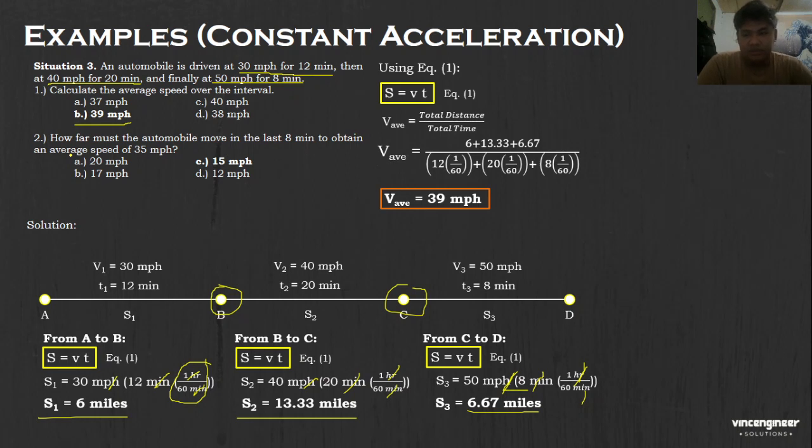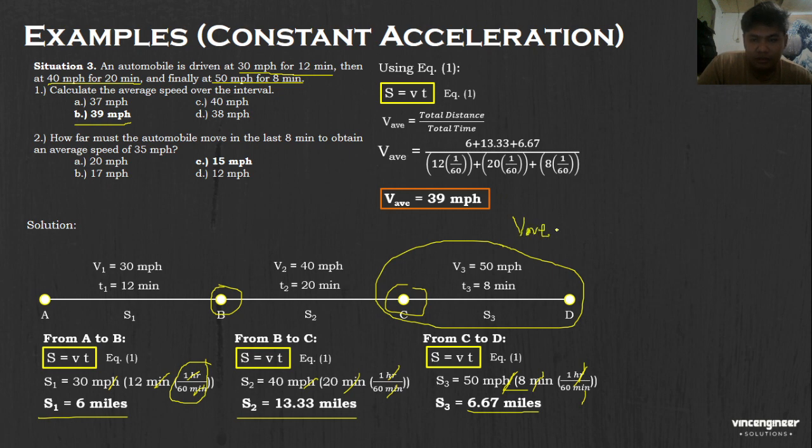In the problem, we are looking for the velocity along segment C to D, in the last 8 minutes, so that we obtain an average of 35 miles per hour. Gets? So what is missing in the problem is V3. Gets?